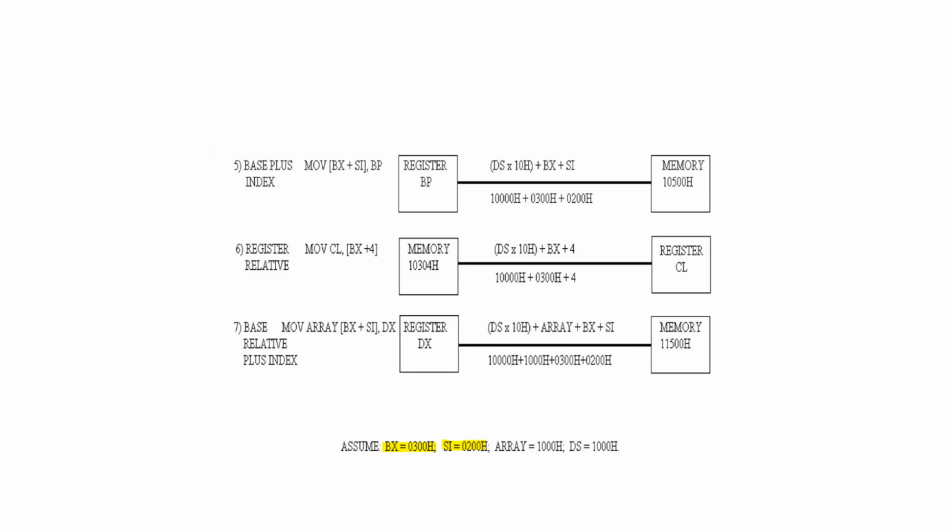So 0300 plus 0200, I will be getting 0500. This will be the 16-bit offset address, from the sum of BX and SI.